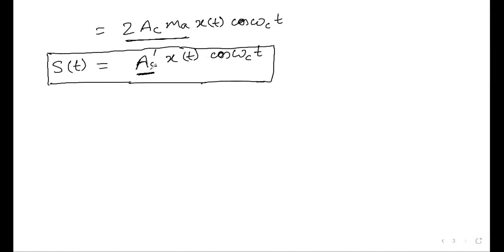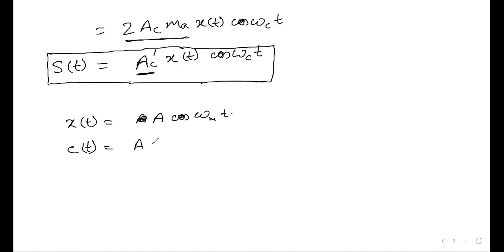So when we elaborate, for example, let us take xt as a cos omega mt. When you multiply this with ct, ct is what?